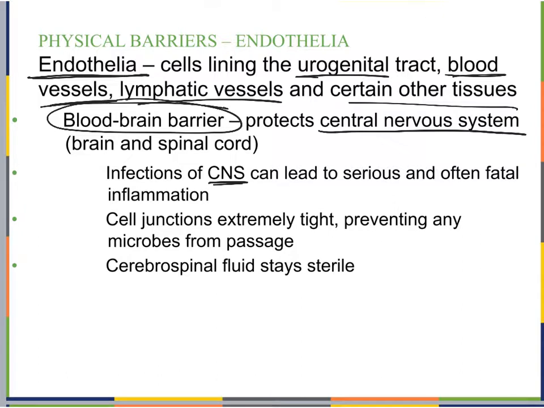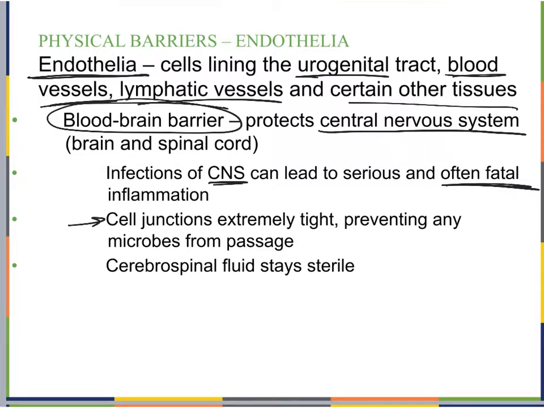So our body really does not want pathogens to get into our brain or our spinal cord, because our body is going to quickly respond if that does happen. And if that does happen, our body will have a very large response, and sometimes that can be fatal because it's trying to get rid of it because it wants to make sure that it's protecting those very important cells in the body.